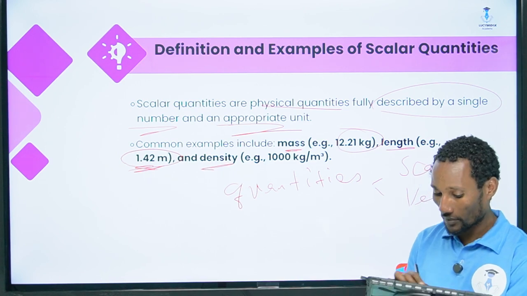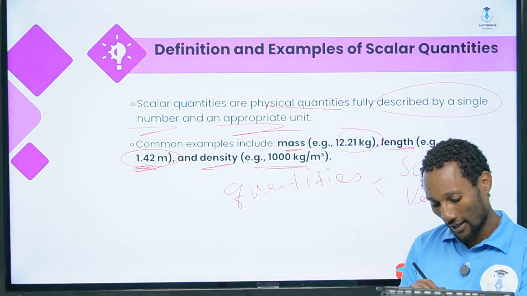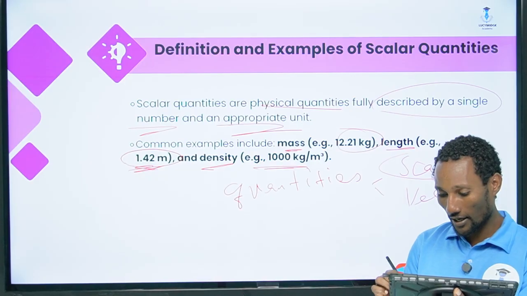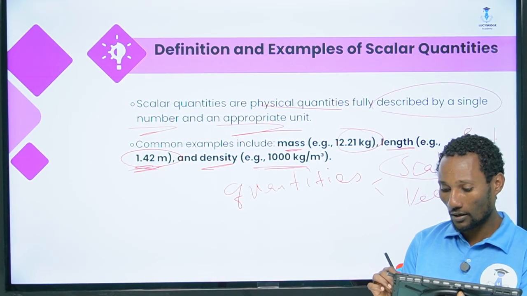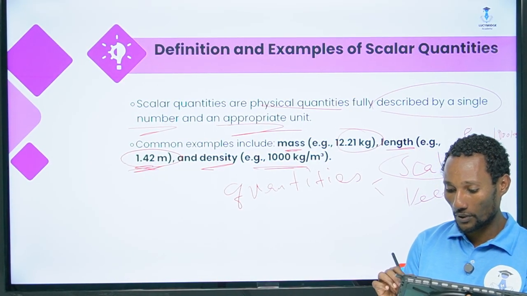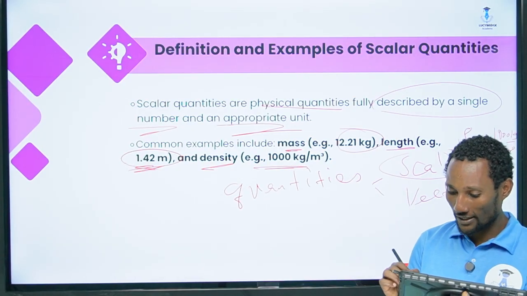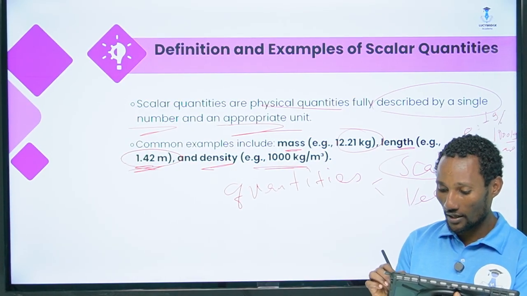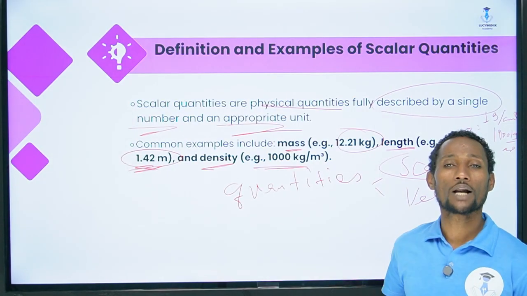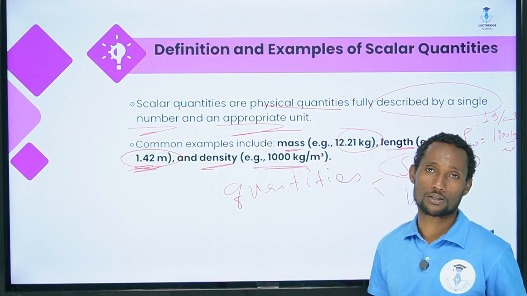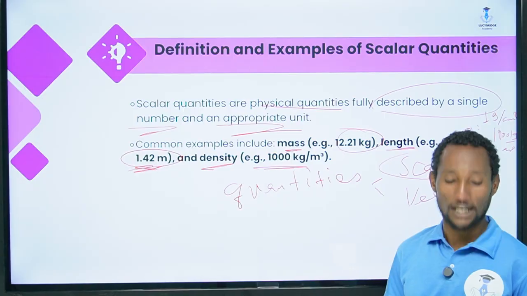And density, like the density of water, which is around 1000 kilogram per cubic meter, or it is 1 gram per centimeter cube. You will have this in fluid statics.